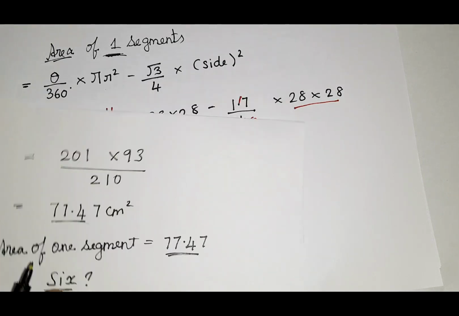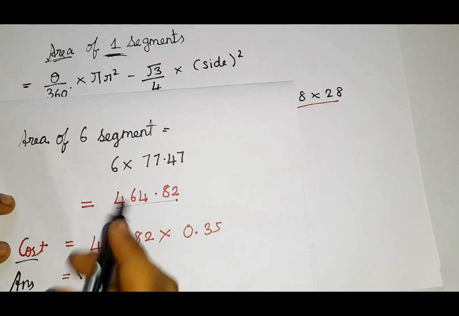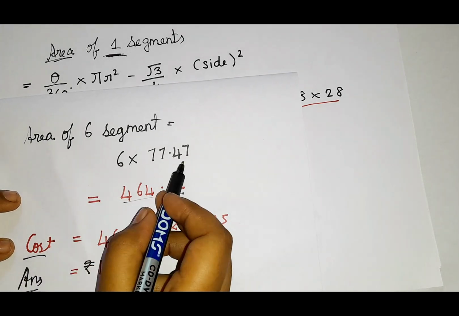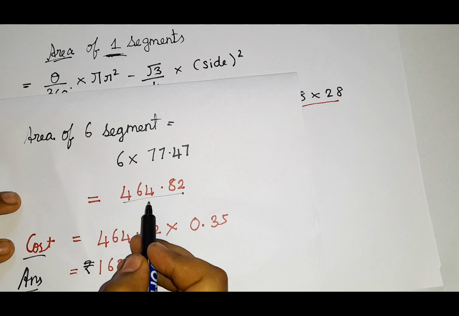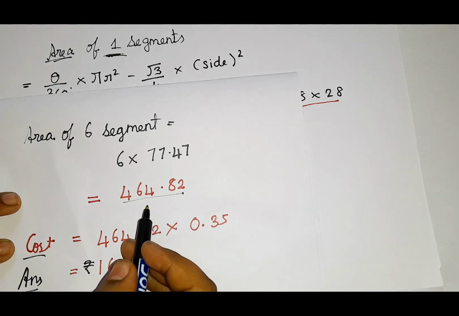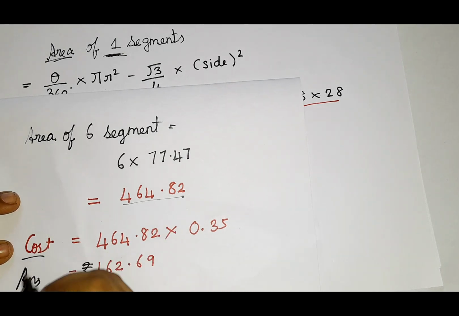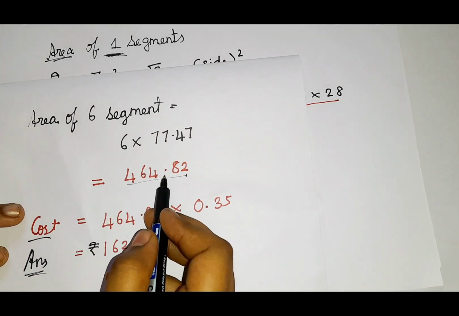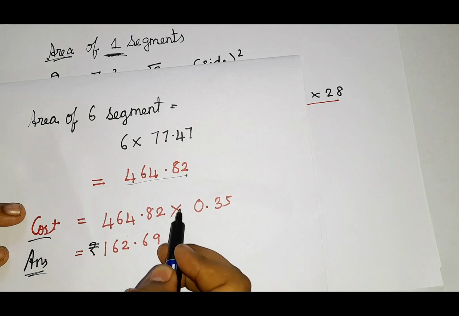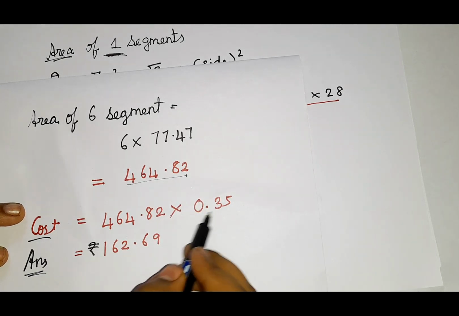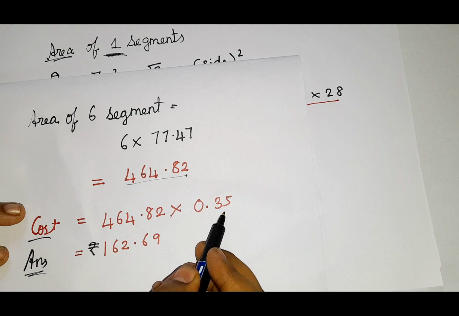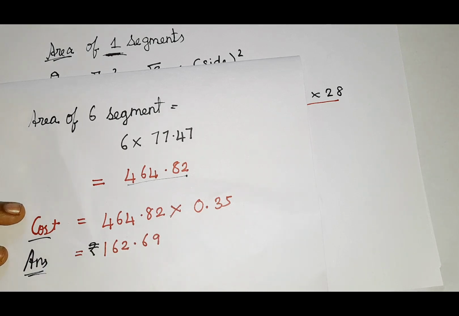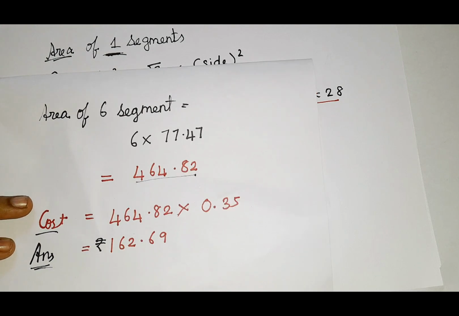That's why I multiplied 6 into 77.47 and got 464.82. But according to the question, we want to find the cost. So I multiplied 464.82 into 0.35. How did I get this 0.35? In the question they had mentioned the rate. So when I multiply, I get the cost. This is the final answer.